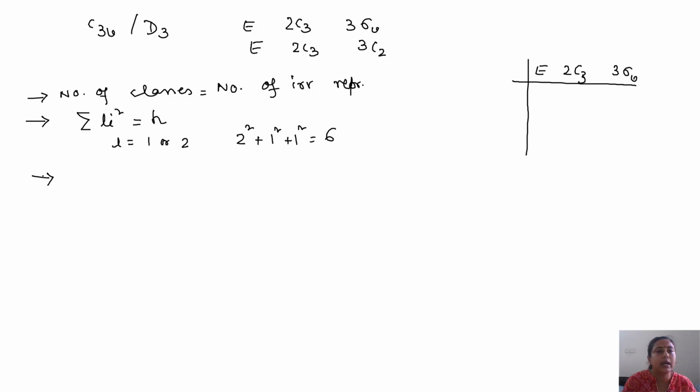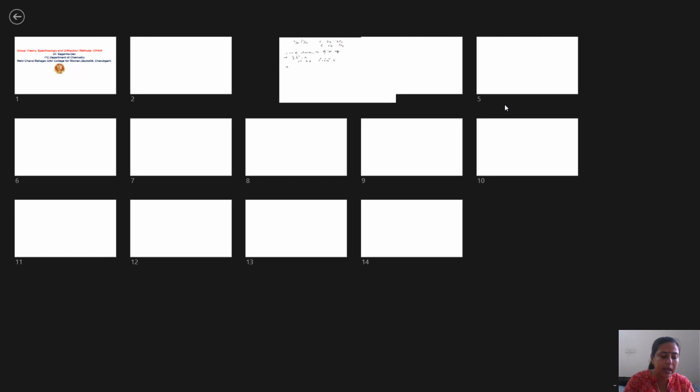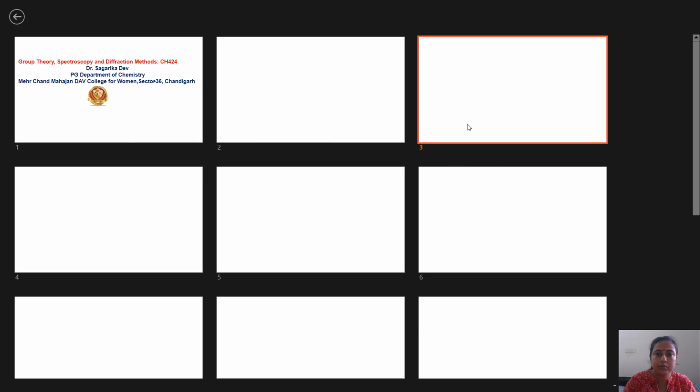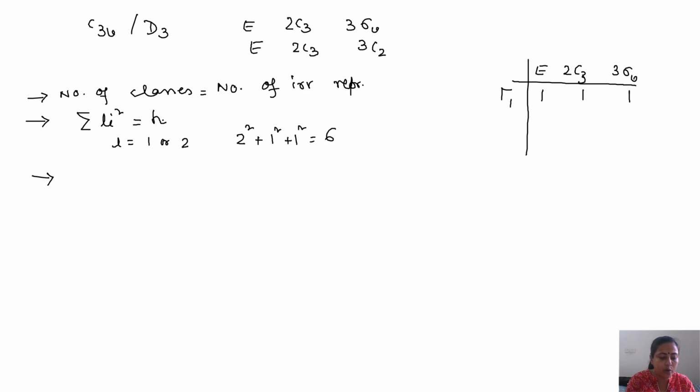Now all of us know that there is going to be one completely symmetric representation for every point group. So one entry should be this one, A1. Now as per the other rule, we have to enter a particular representation in such a way that if we multiply the characters under the same symmetry operation and add them over, that should be equal to 0.